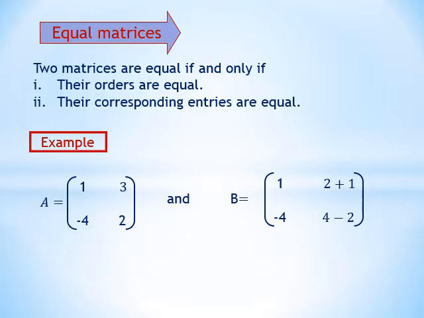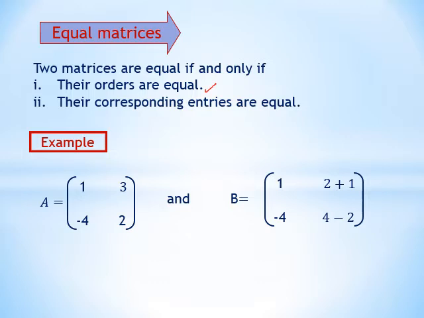These two matrices are given, A and B. Now we will check whether they are equal or not. So we apply these two conditions. First condition is that their orders are equal. First we check their orders.